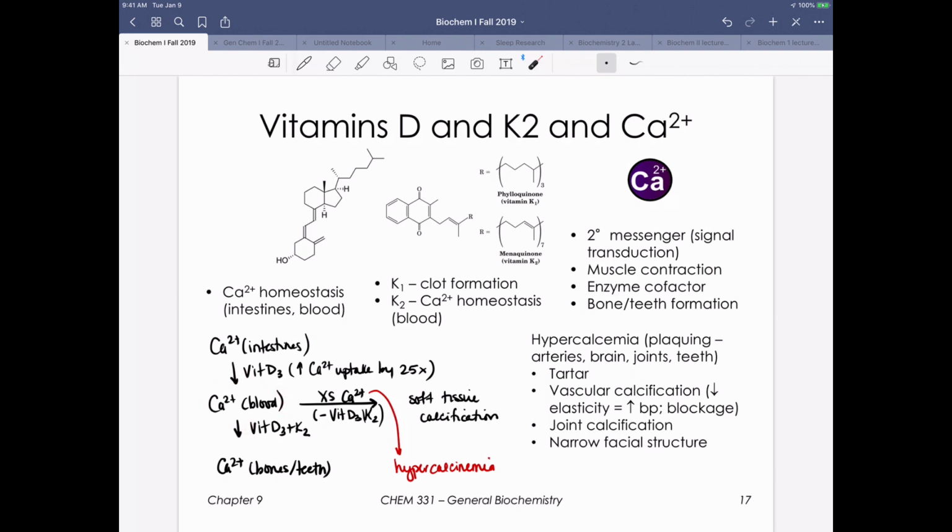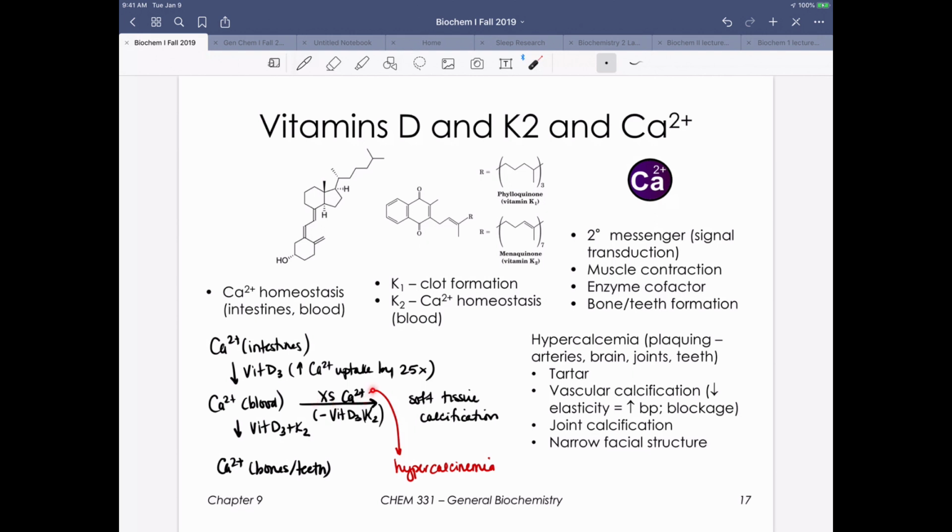And that's really great because now we've got calcium in our blood that we can use for all of these important functions. However, if we want to have mineralization of our bones and teeth, we have to make sure that we have sufficient vitamin D3 and K2. These two together are required to remove calcium from the blood and then deposit it as minerals in bones and teeth.